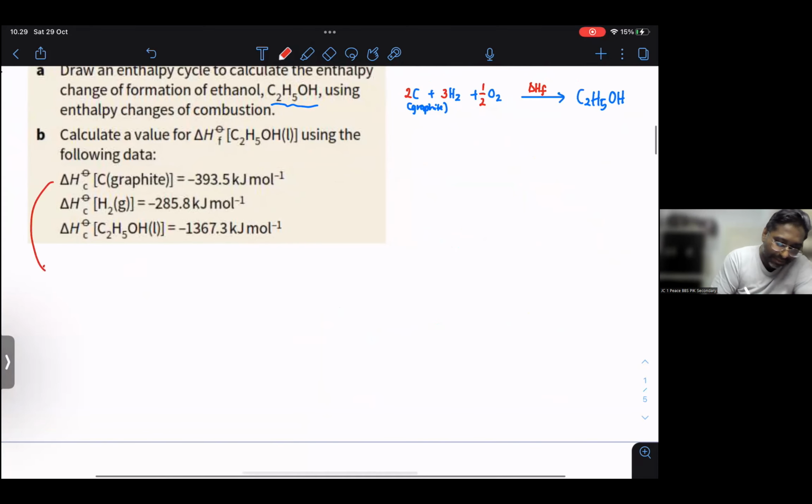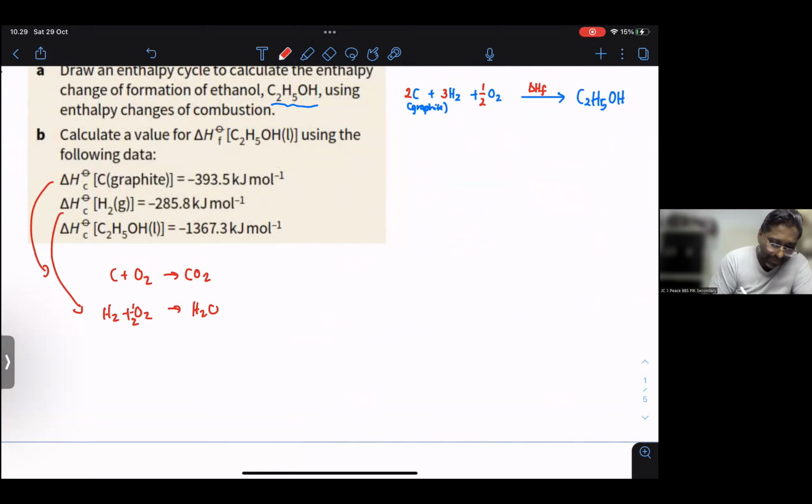In this case, enthalpy change of formation is C plus O2 to give you carbon dioxide, and H2 plus O2 to give you H2O. Combustion of this will be C2H5OH plus O2 to give you carbon dioxide plus water, so 2 carbon, then hydrogen 3, so you have oxygen total 7.